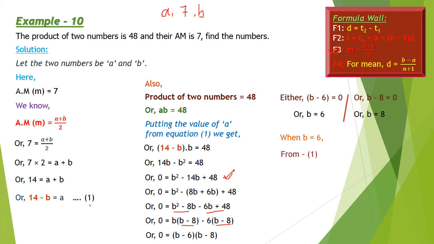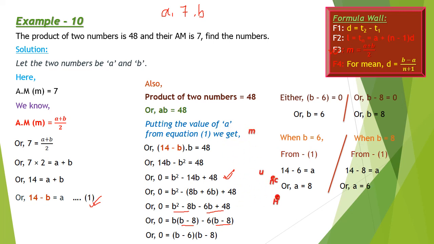You can see we are going to use equation 1. 14 minus 6 is equal to a, that means our a is 8. Likewise, when b is equal to 8, from equation 1, 14 minus 8 equal to a, that means a is equal to 6.